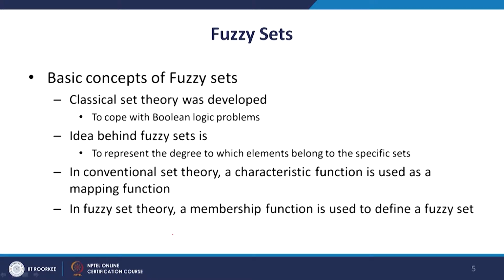Now, let us talk about some of the basic concepts of fuzzy sets. Classical set theory, as we know, was developed to cope with Boolean logic problems. However, the idea behind fuzzy sets is to represent the degree to which elements belong to specific sets. In conventional theory, a particular element either completely belongs to the set or does not belong.